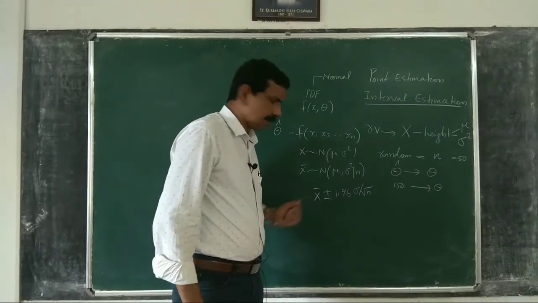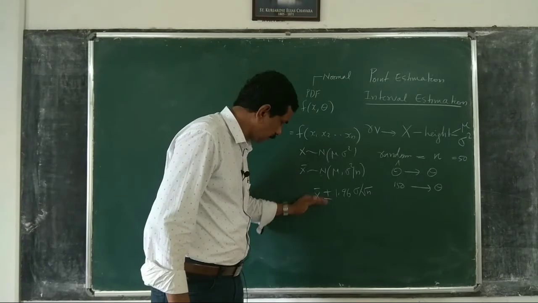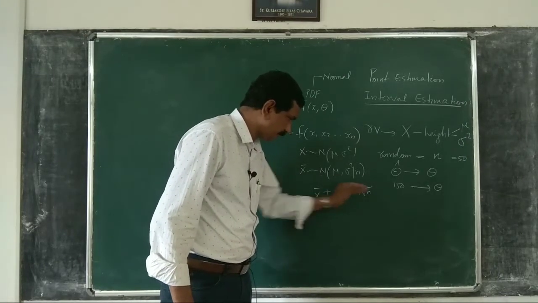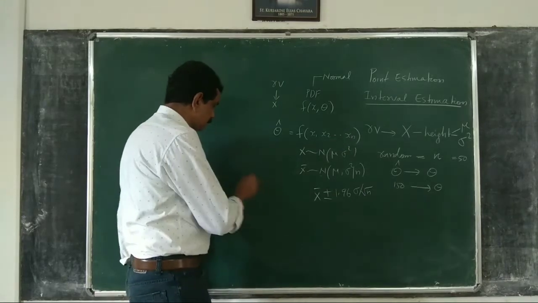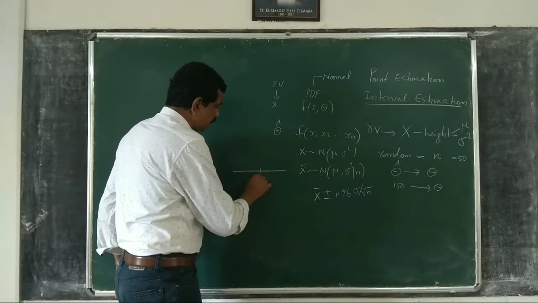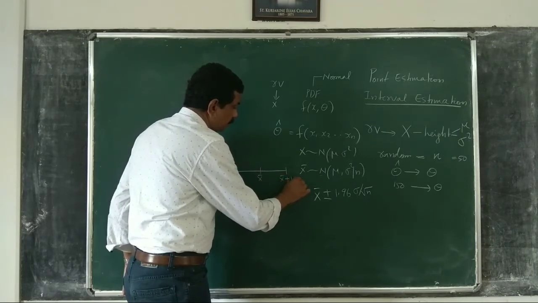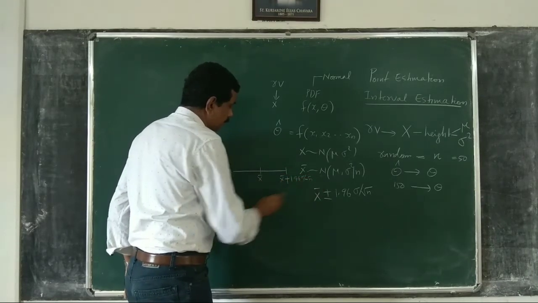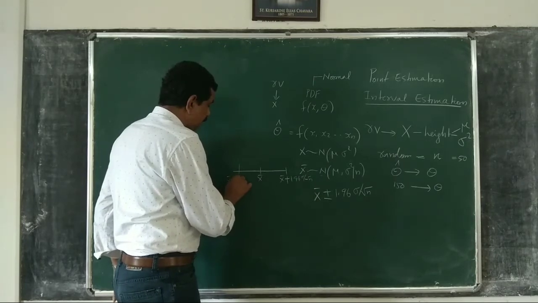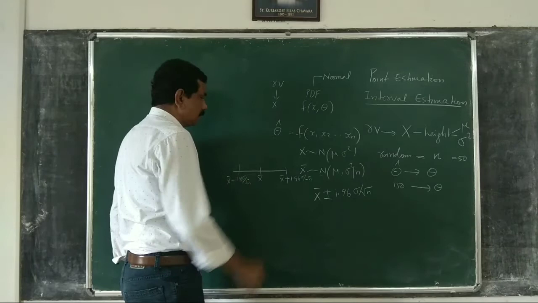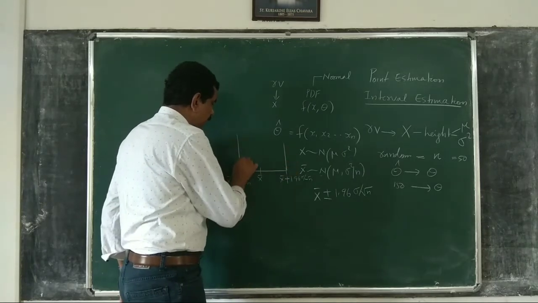We suggest an interval taking 1.96 standard errors of x bar on either side. That is, if this is x bar, this is x bar plus 1.96 sigma by root n, and this is x bar minus 1.96 sigma by root n. That is the 95% probability.